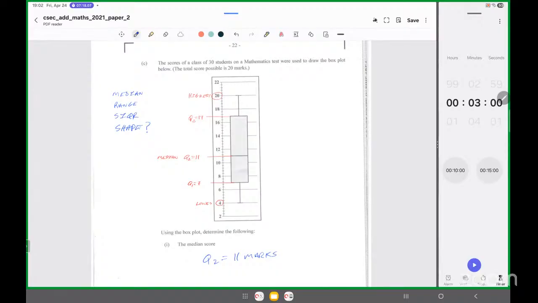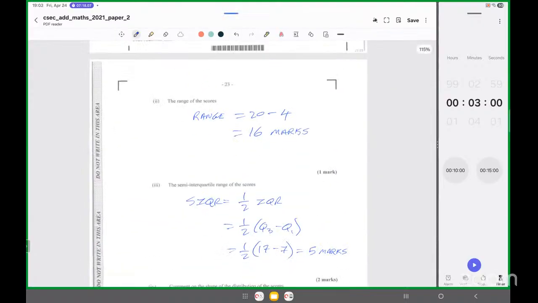Positive, because it's positively skewed. I can say right skewed. So it's skewed to the right, because the box on the right, the long box, is skewed to the right. Okay, positively skewed.